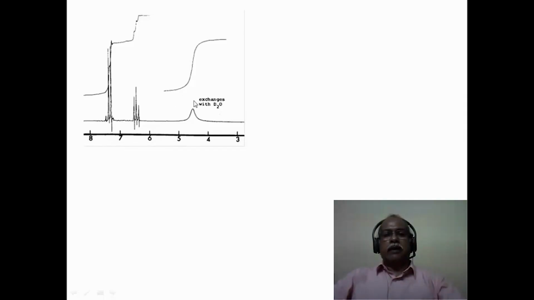You can straight away see a broad signal around 4.6 or so, and it says very clearly that it is a D2O exchangeable proton. So this 2 hydrogen integration would correspond to an NH2 kind of a group. So the NH2 is confirmed by the presence of this broad peak, which is a D2O exchangeable group in the proton NMR spectrum also.